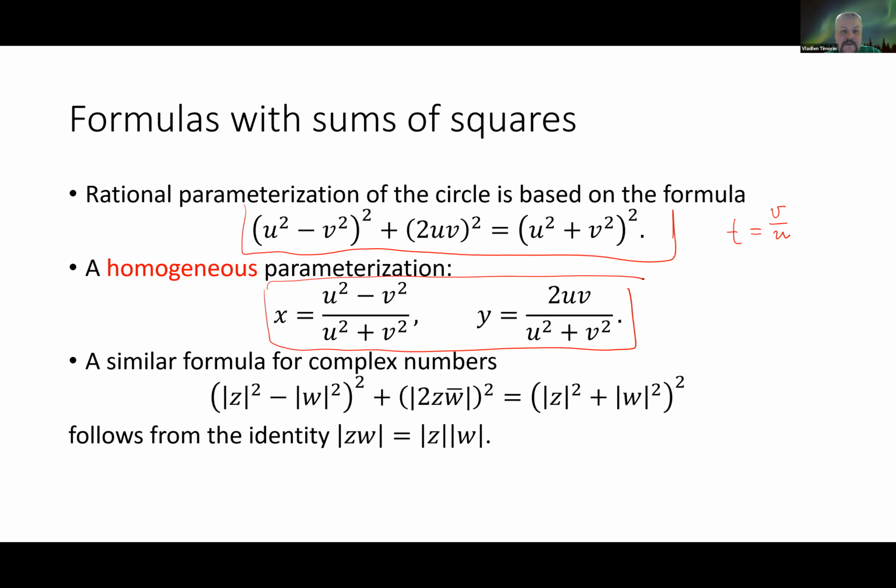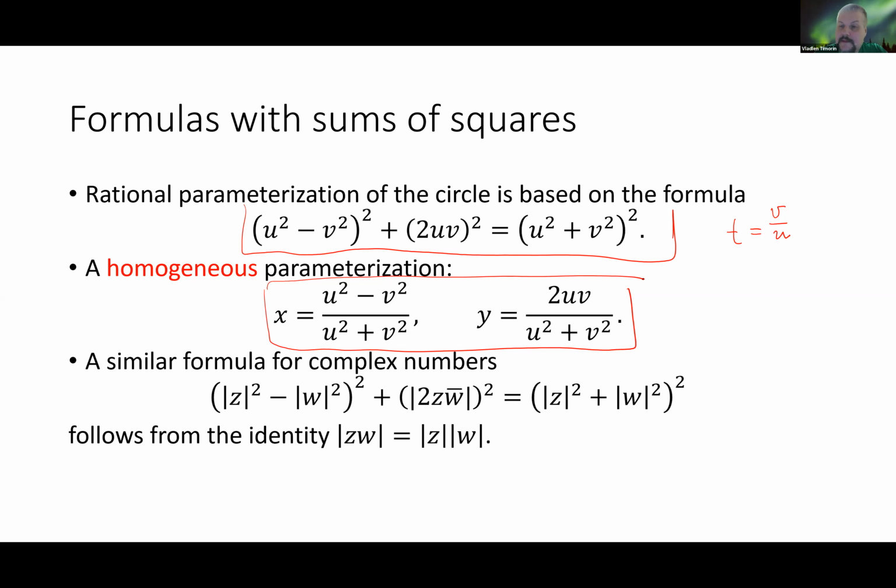So it looks like you parameterize a point of the circle, a one-dimensional curve, with two parameters. However, what matters is only their ratio, so we can multiply both parameters by the same number and get the same point of the circle.